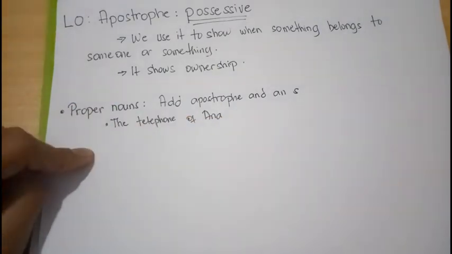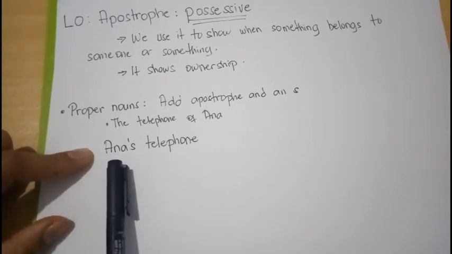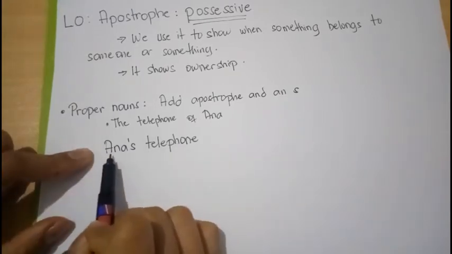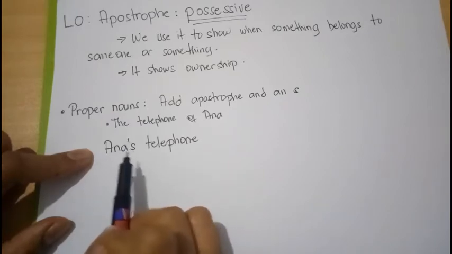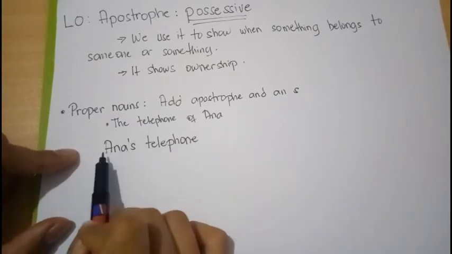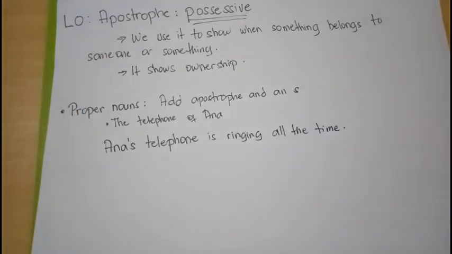This is how it will look: Anna's telephone. Whose telephone is it? It's Anna's telephone. We can use it in a sentence like this: Anna's telephone is ringing all the time.